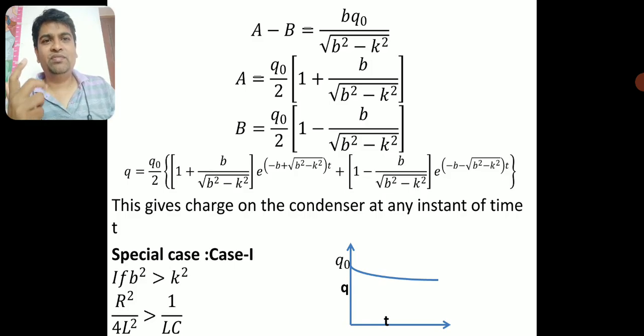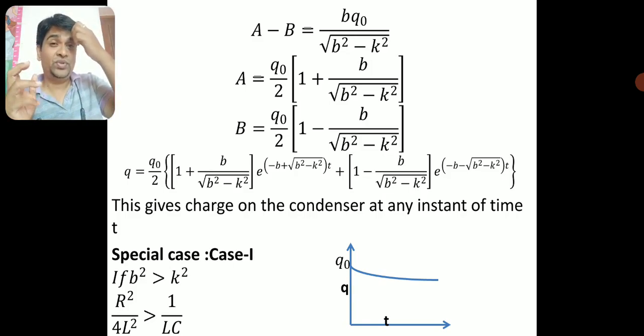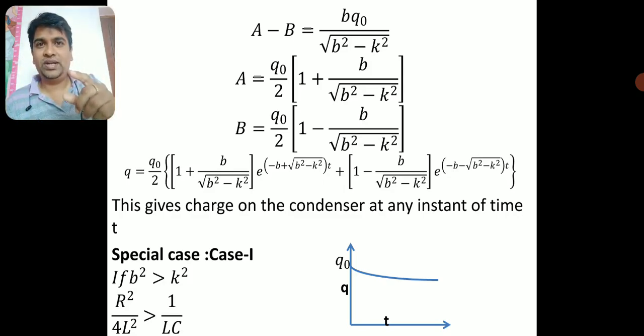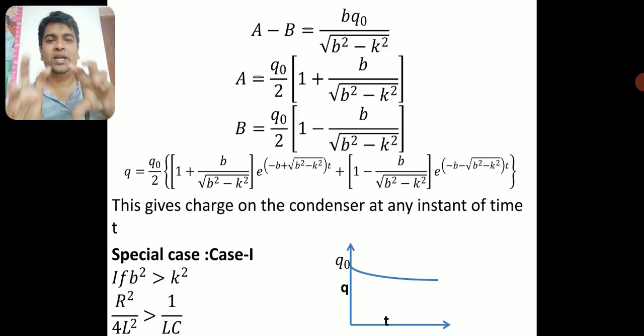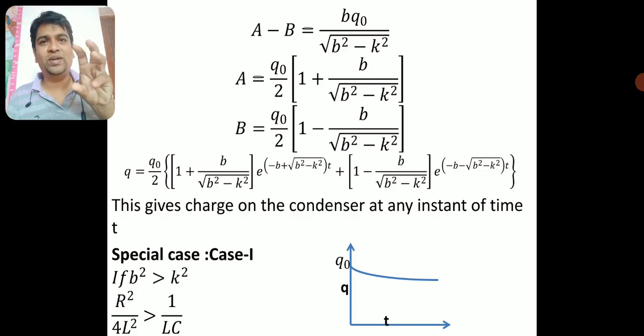Case 1, if b square is greater than k square. You know what b square is. As I defined earlier, b square is r square by 4l square, and k square is 1 by lc. If r square by 4l square is greater than 1 by lc, in this case, look at how the charge is decreasing.